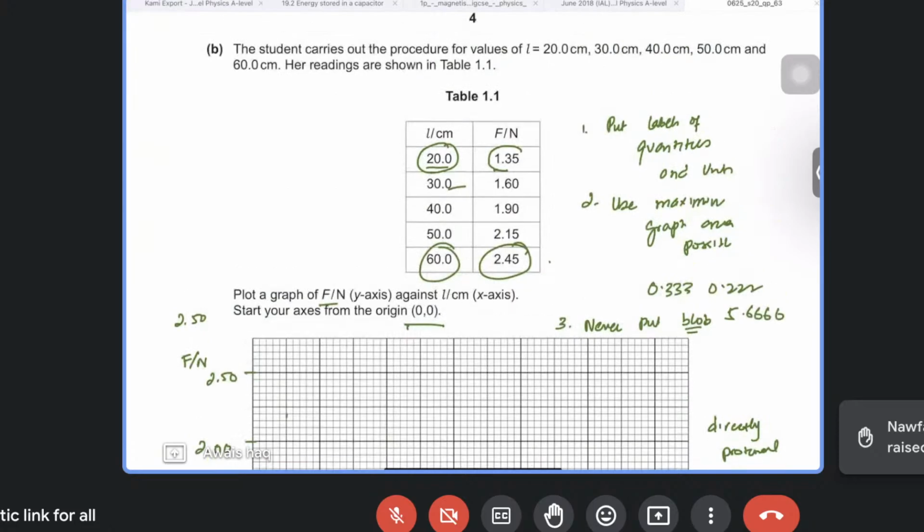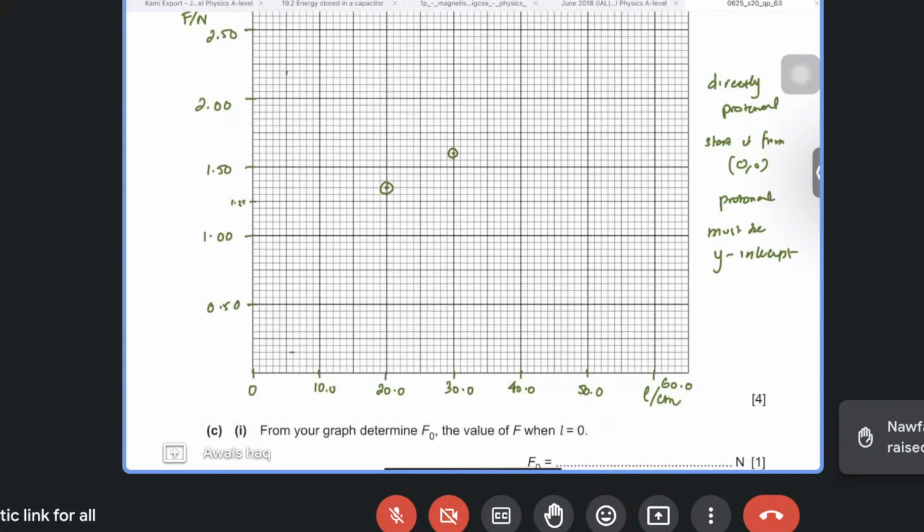And then it says 40 and 1.90, 40 and 1.9. Where is 1.9? This should be 1.9 because this should be like 1.95 and 2, like this.